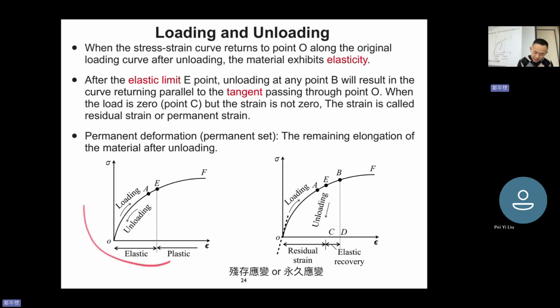In this case there is no linear region, the curve is all round, but it can still have an elastic region. If you load from here to A and come back to the origin, it is elastic.